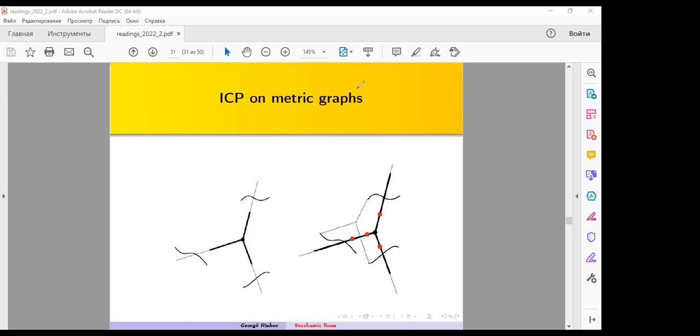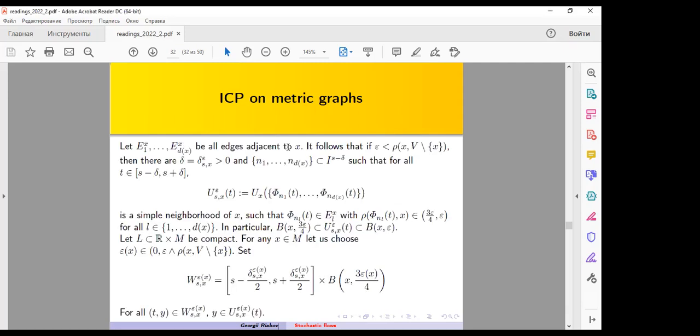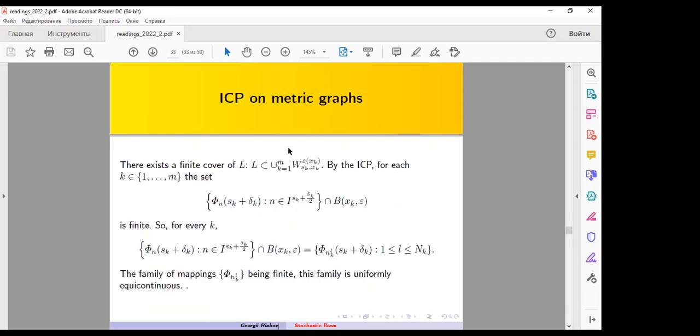And since there are only finitely many such trajectories, they will be uniformly equicontinuous. And then there are some technical considerations, but maybe I will skip them, so we can cover the compact by finitely many such neighborhoods and prove the needed property.